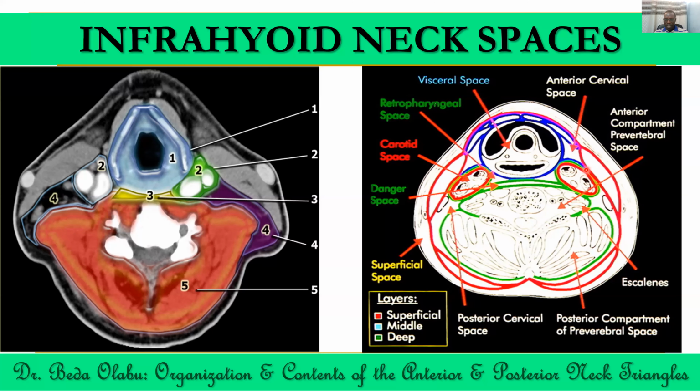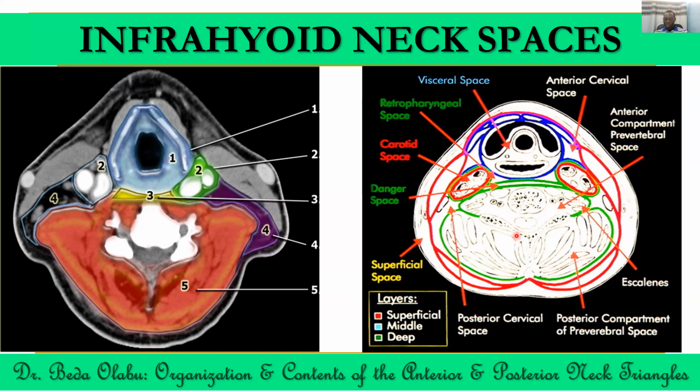The third space to talk about is the paravertebral space, which is this one here. Now remember the paravertebral space, now call it paravertebral, not prevertebral, but paravertebral space, has two compartments. The anterior compartment of the paravertebral space is what we call the prevertebral space.